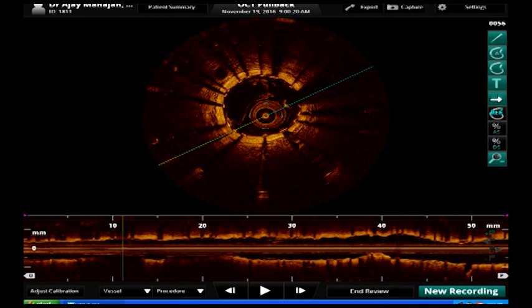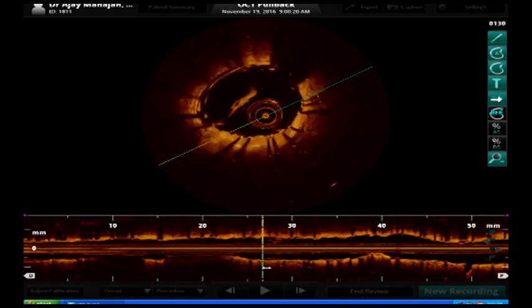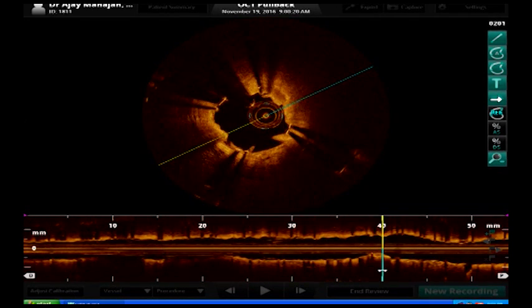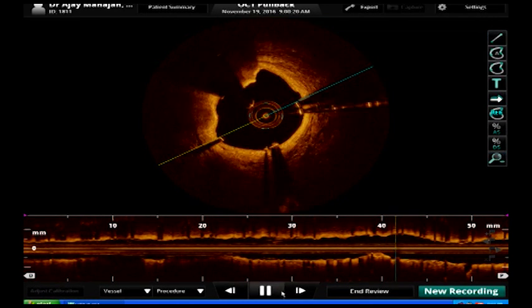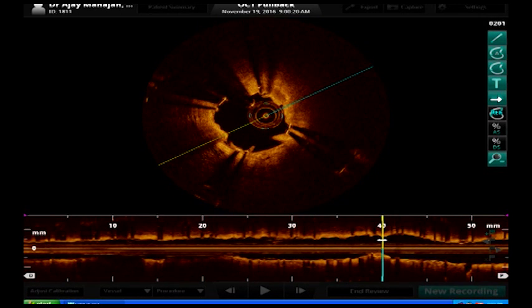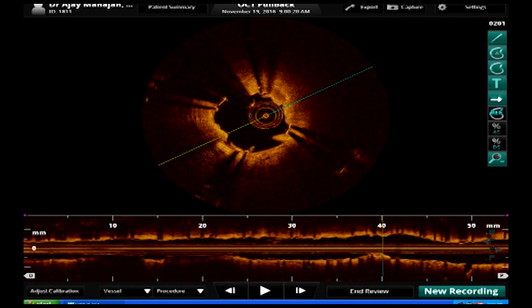What's the minimal stent area at the site that you're looking at right now? What is the area at that site? At the 40 mark. What is the area there?